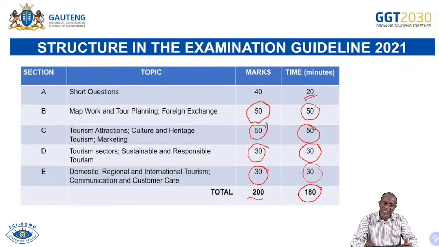So it is just a guide to say, as soon as you spend more than 50 minutes on section B, possibilities are that you may not finish answering all the questions. So this is just but a guideline. Please budget your time efficiently so that you manage to finish the paper on time.